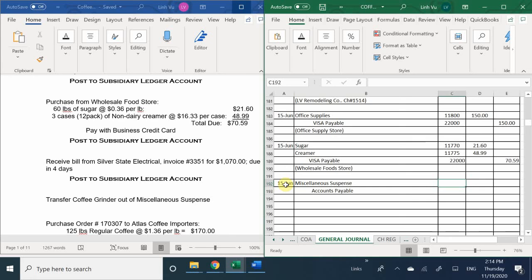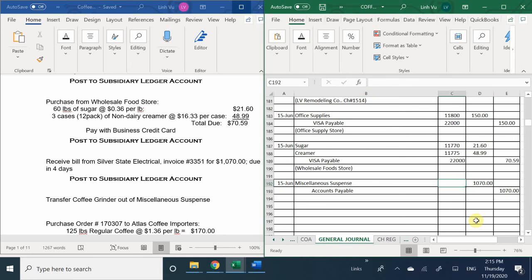Okay. So it'll be 1,070 on the debit side, and then it'll be 1,070 on the credit side. And do you need the account numbers? You do.